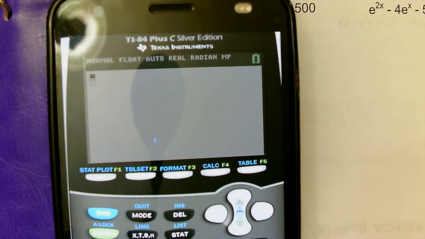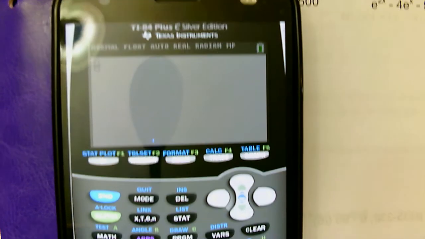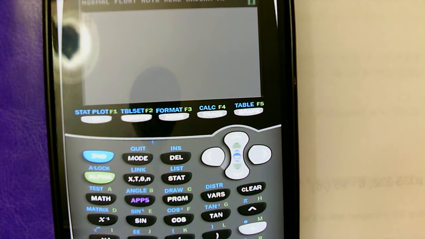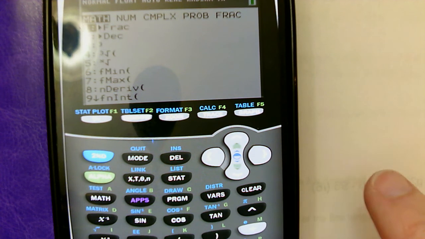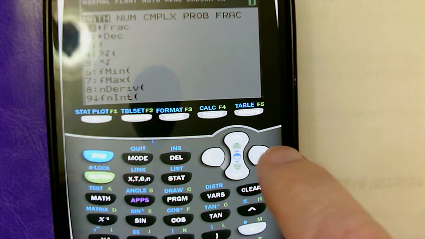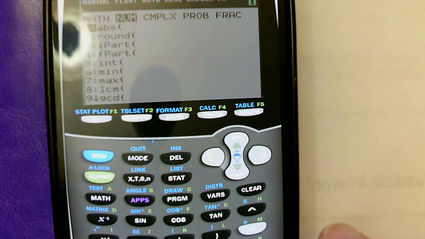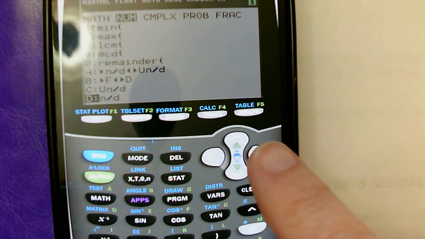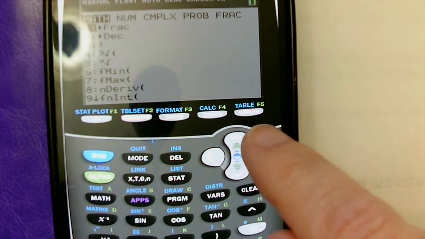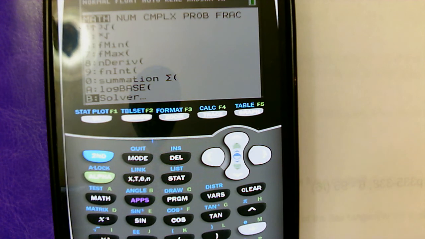But if we go to the math menu, let me move this down a little bit so you can see the keyboard. If we hit the math menu, and then we go to num, we use the arrow key to go over to num. And if you hit the up arrow, oh, maybe it must be under math instead of that. Sorry about that. There we go.